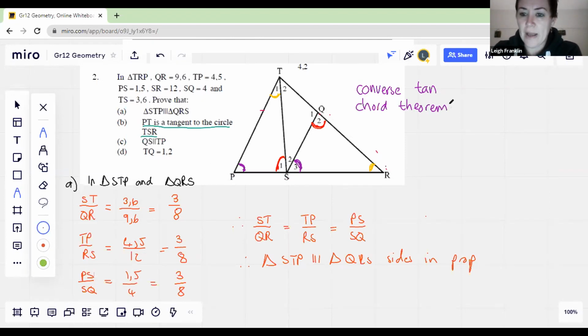If you've heard of converse tan chord theorem, I want you to put a thumbs up in the chat for me, please. If you haven't, put a thumbs down. Thanks, Willie. Thanks, Karen.